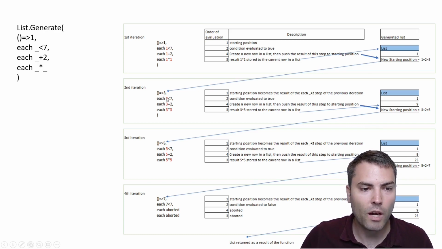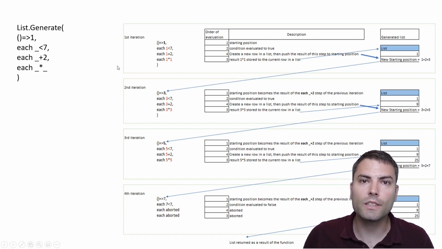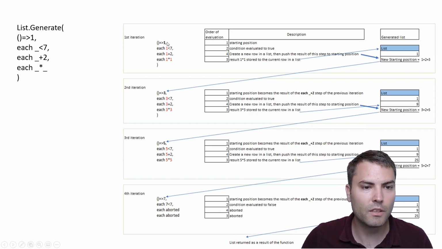So these numbers 1, 3, 5, and 7 are all stable for the current iteration. For the first iteration, the starting position is the only one that we explicitly gave as the first argument of the List.Generate function. So this one becomes the starting point.